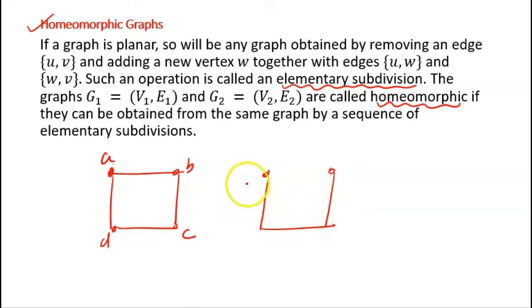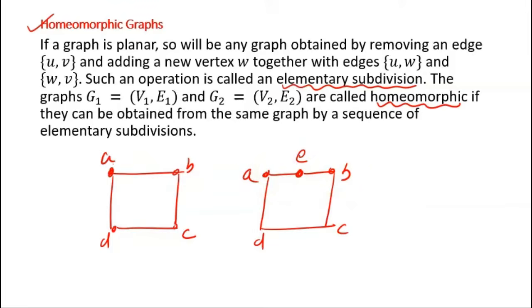You have the 4 vertices, and you first remove an edge. I am removing the edge AB and placing one extra vertex, let us call it E, and joining it with 2 edges. This operation of removing an edge, putting one extra vertex, and joining it like this is an elementary subdivision.